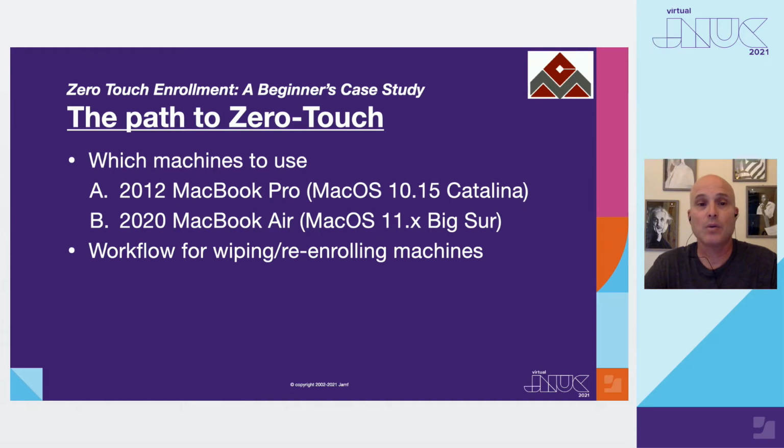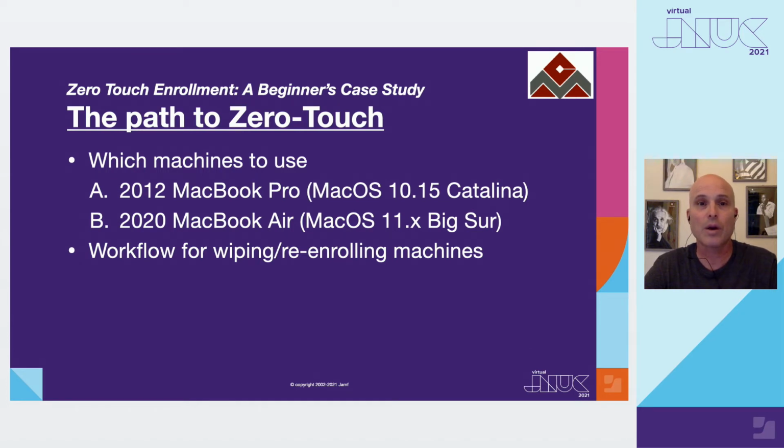We had to decide what our workflow would be for wiping those machines and re-enrolling those machines. And having come from the land of re-imaging, I've got to say I really love the fact that Mac has gone to recovery boot, recovery mode, and we're actually using that as we have staff turnover.